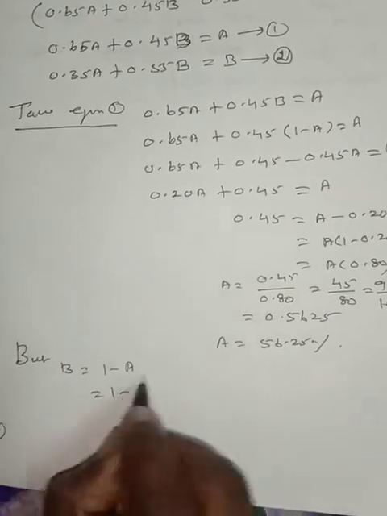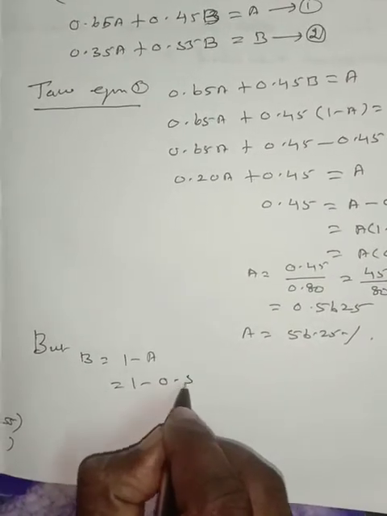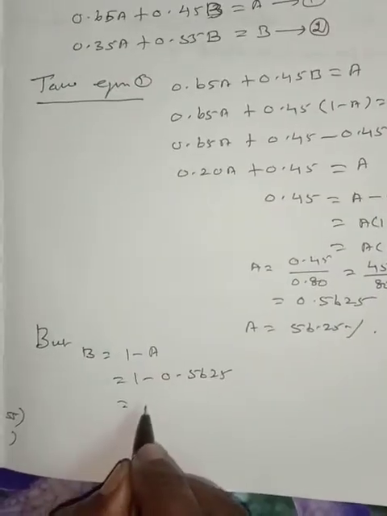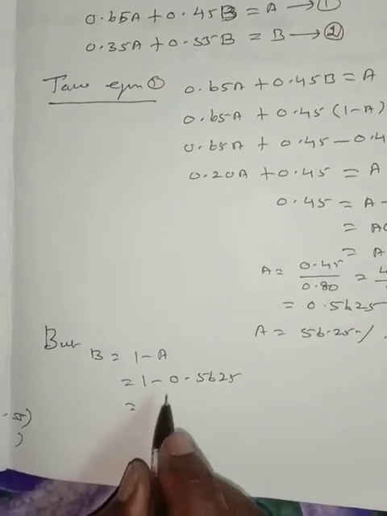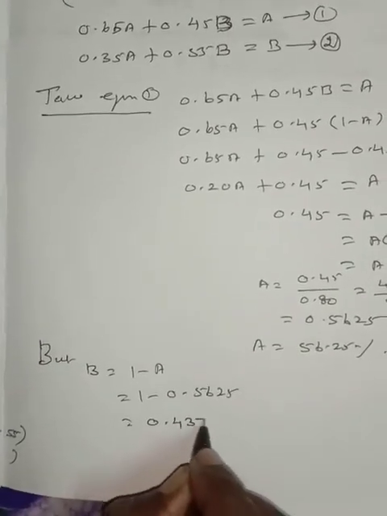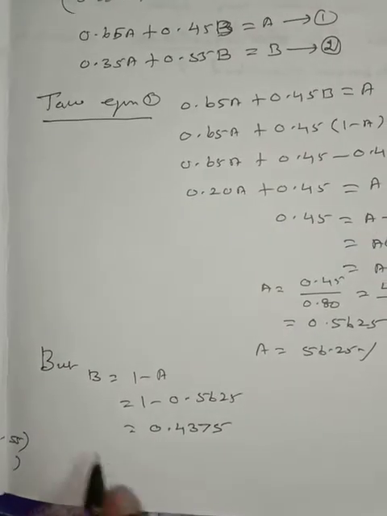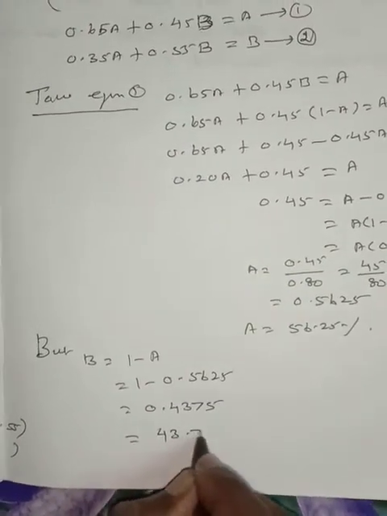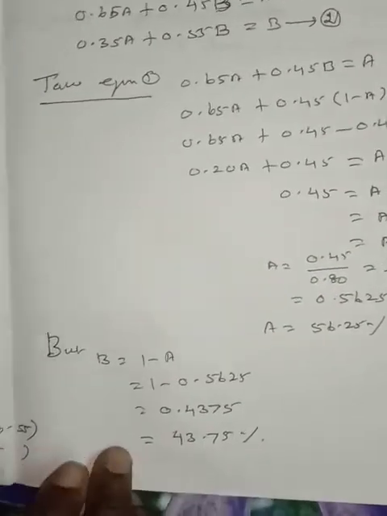1 minus 0.5625 is equal to 0.4375. This means 43.75%.